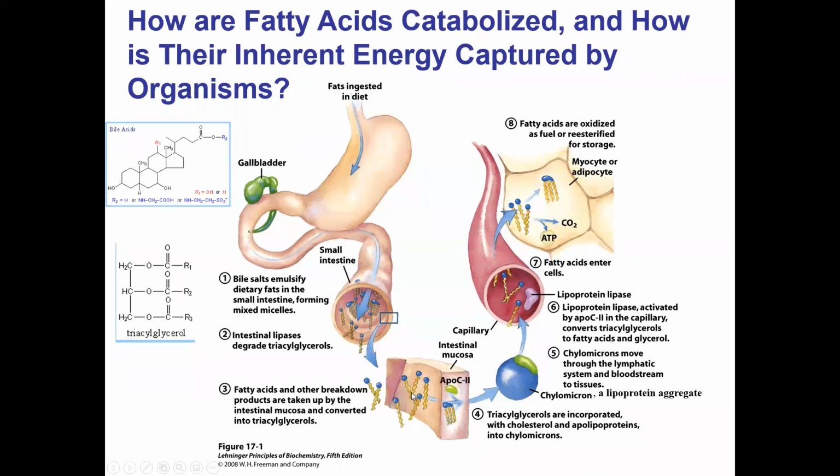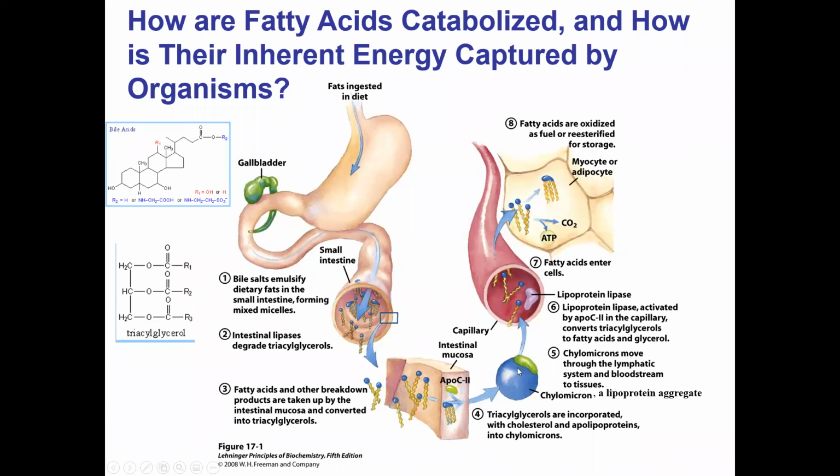So fatty acids broken down by the intestinal lipases are now absorbed by the intestinal mucosa. And then once they are absorbed, they are reassembled into this species that you are seeing here in the blue called chylomicron.